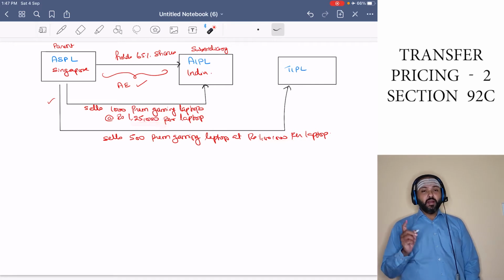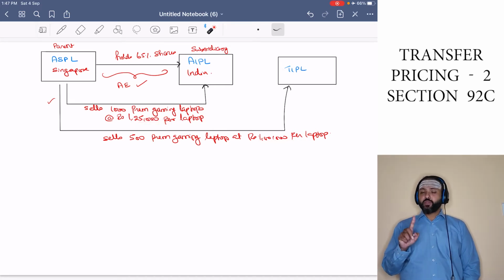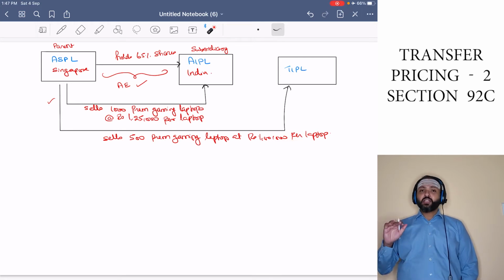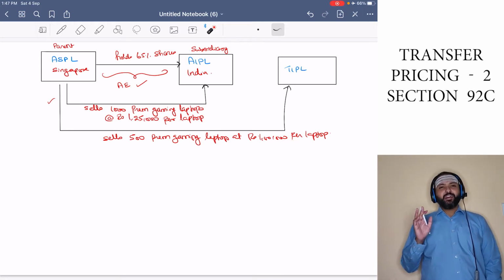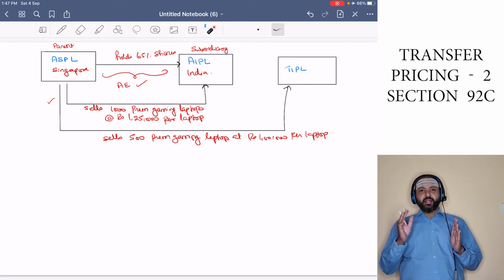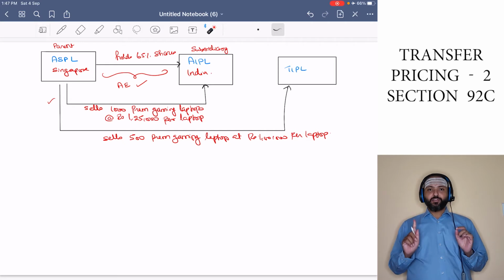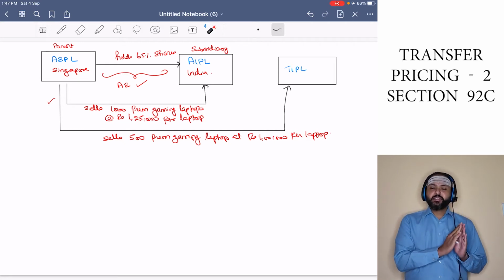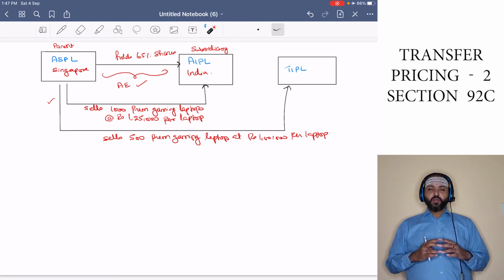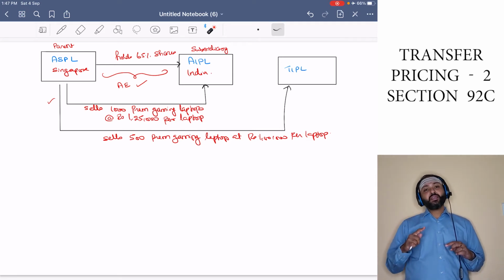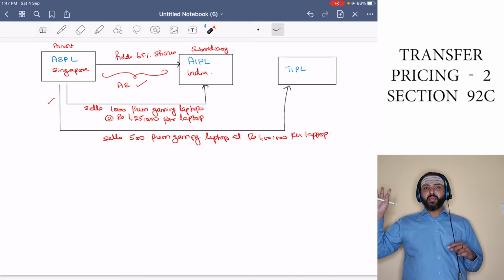They are charging 1,25,000 per laptop to the associated enterprise and only 1 lakh to a third person. Now, whether there is a comparable transaction, that is the first question we have to ask. They are selling the same premium gaming laptop to a third person and to the associated enterprise. So can this be compared? Yes, it can be compared.